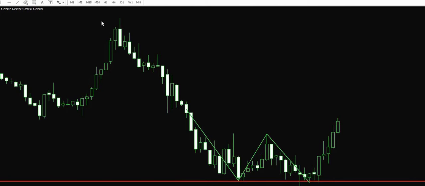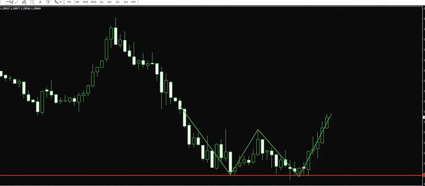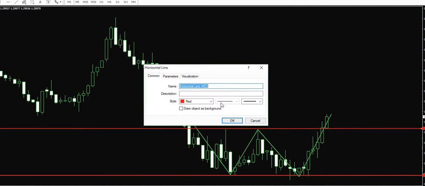First bottom, the second bottom, here they are.